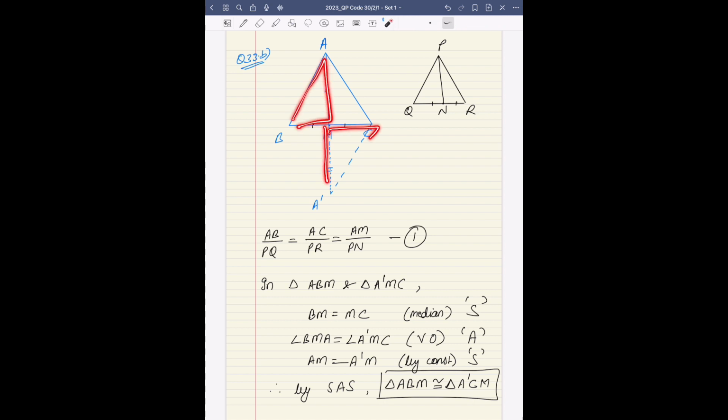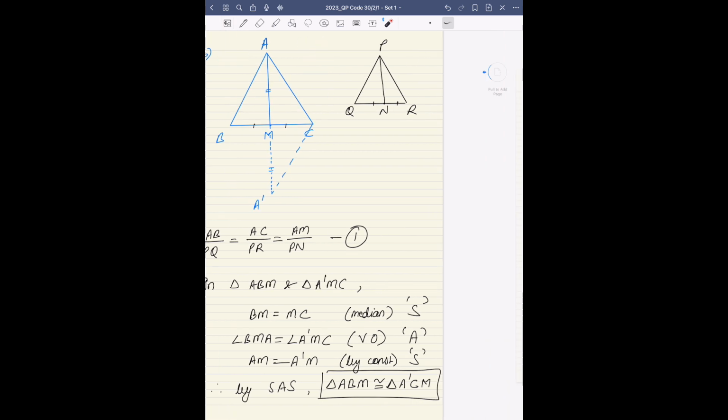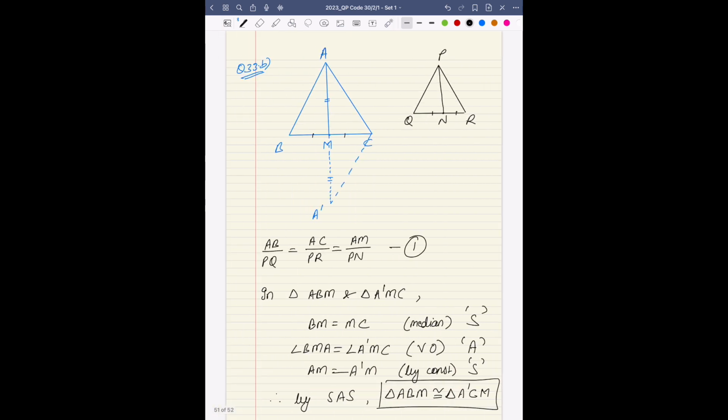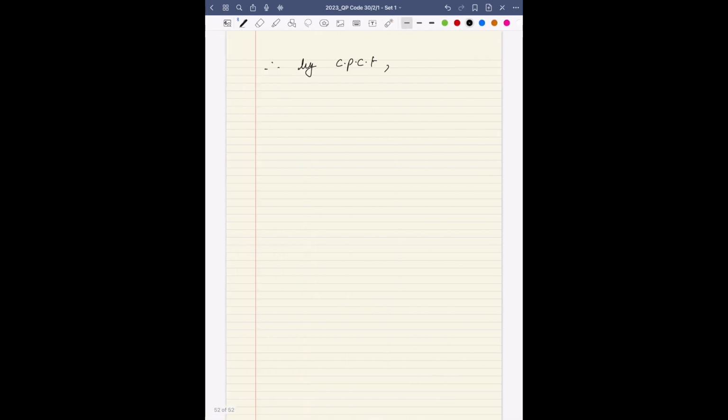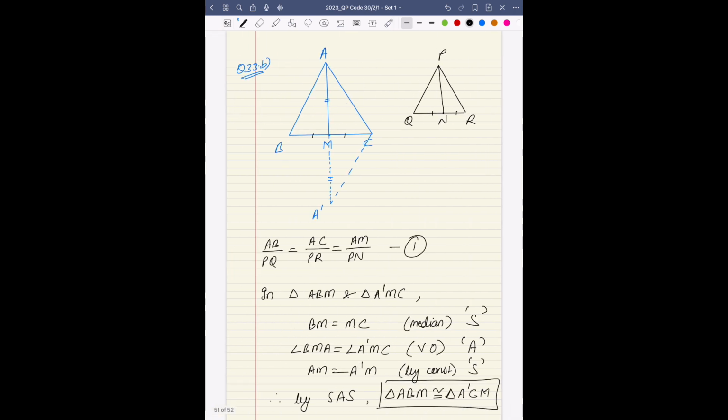Remember, if these two triangles are congruent, hence by CPCT, corresponding parts of congruent triangles are also equal. So this side and this side will be equal, correct? Because we have already proved it. So AB is equal to A dash C.